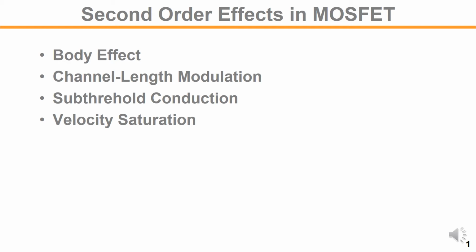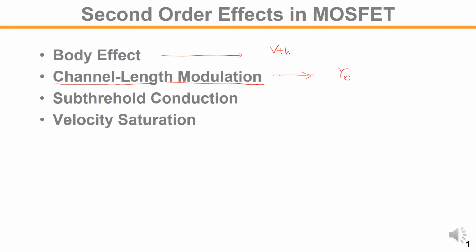So we will see some second order effects in the MOSFET. The first one is body effect, and the second one is channel length modulation. Body effect results in VTH variation, and channel length modulation results in finite RO, non-zero RO.